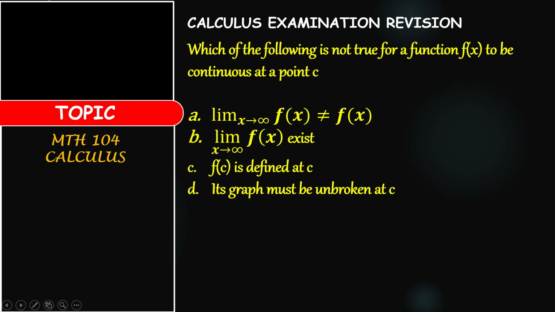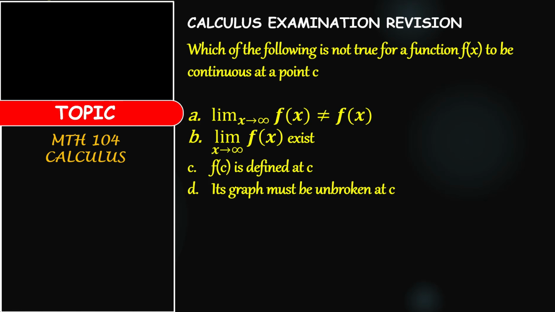Now, which of the following is not true for a function f of x to be continuous at point c? For a function to be continuous, if you were listening to the lecture I made for the assignment, the limit of f of x as x tends to c must be equal to f of c.